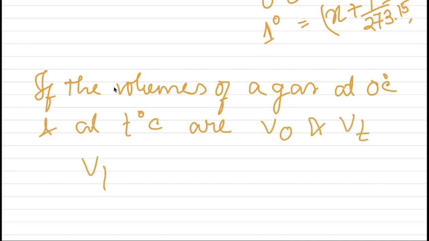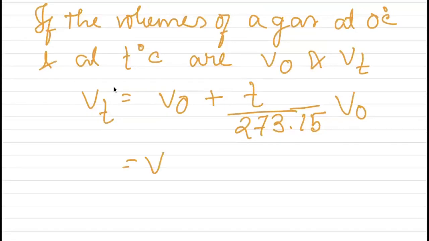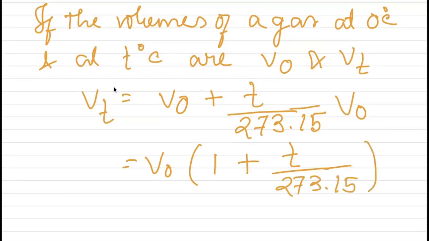Then we can write Vt equals V0 plus T by 273.15 times V0. If we take V0 in common, it becomes V0 times the bracket 1 plus T by 273.15. Okay, we can take V0 common.